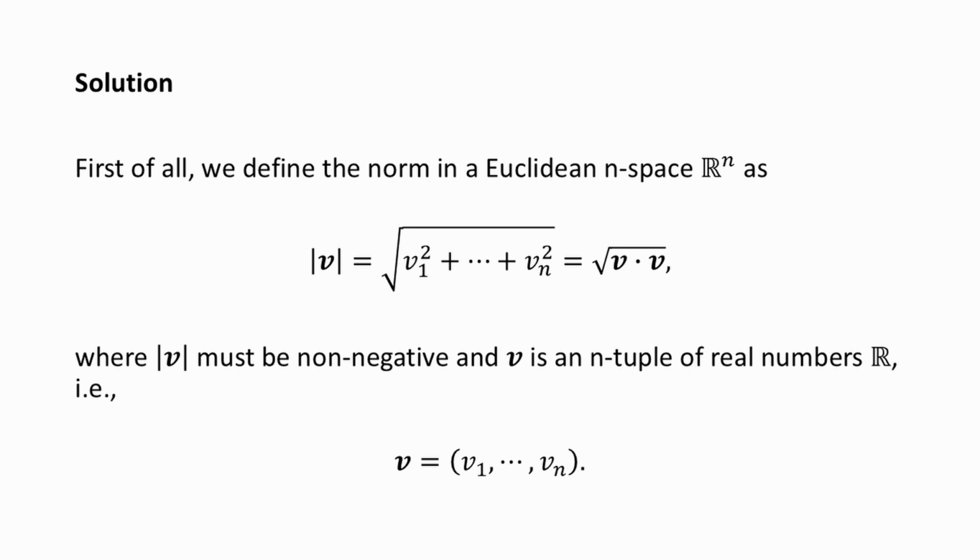The reason is that in some metric spaces or other spaces it can be negative, but because we're dealing with Euclidean n space, it is traditionally non-negative. And v is an n-tuple of real numbers.